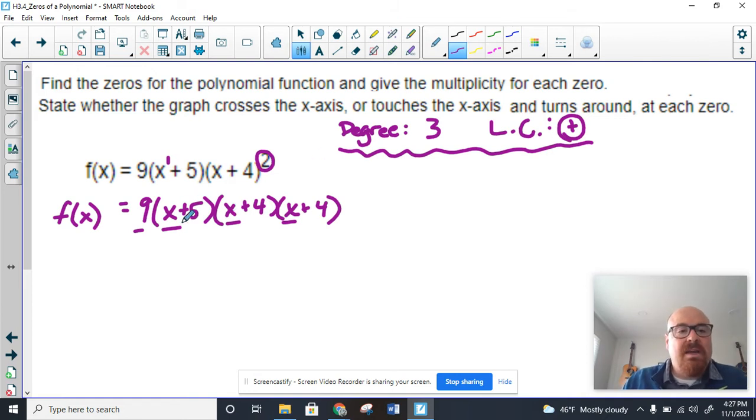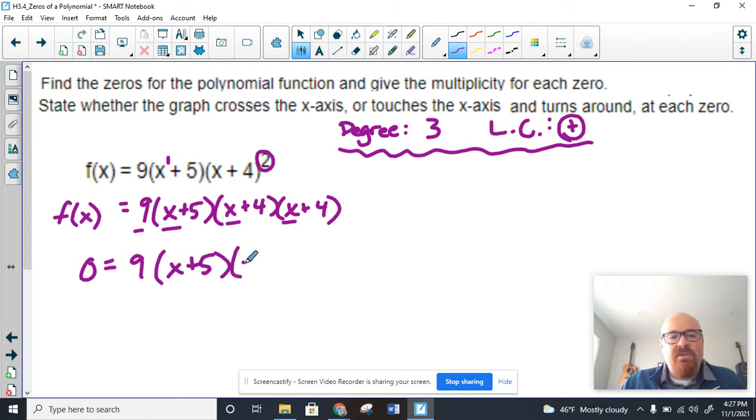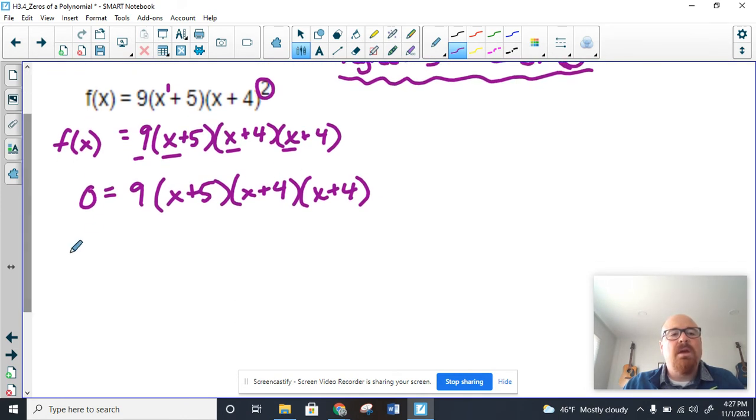Okay, so getting back to it, the zeros. If we set this equal to 0, and then we take all of our factors and set them equal to 0, we're not going to say 9 equals 0, even though this is a zero product property the way this is set up. We wouldn't say that 9 equals 0, right? Because 9 can't equal 0.